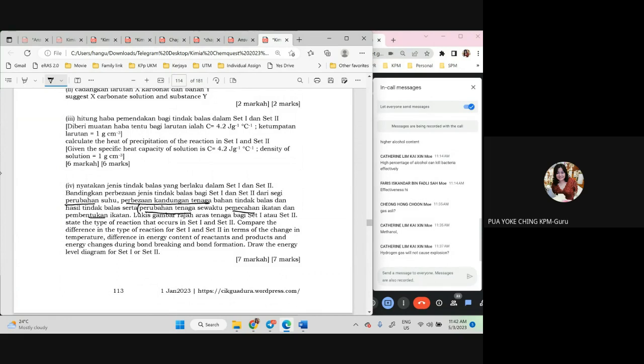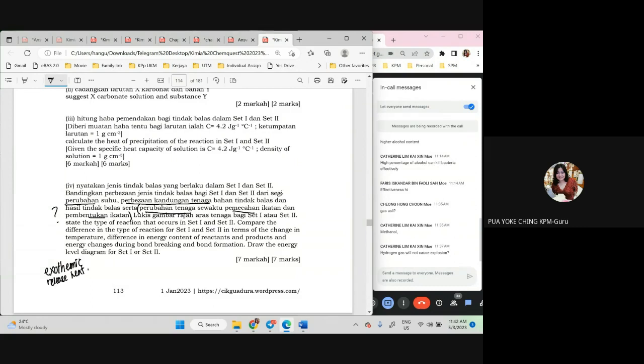This is one that I didn't mention, so you can check these questions also. This one I've discussed in school, I think. Perubahan tenaga sewaktu breaking of bond and formation of bond. So you need to mention if exothermic, it releases heat.